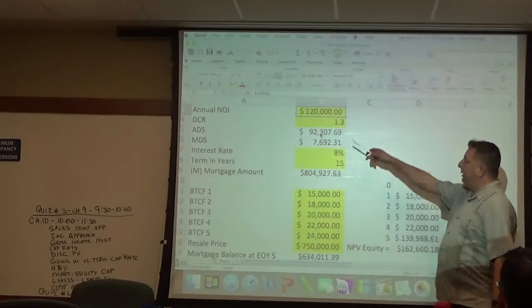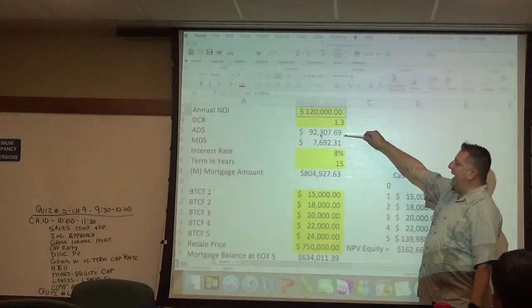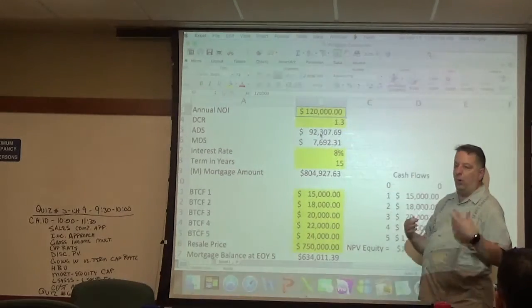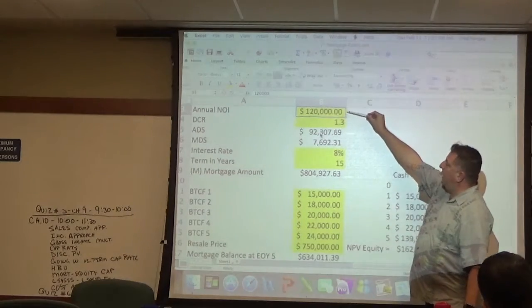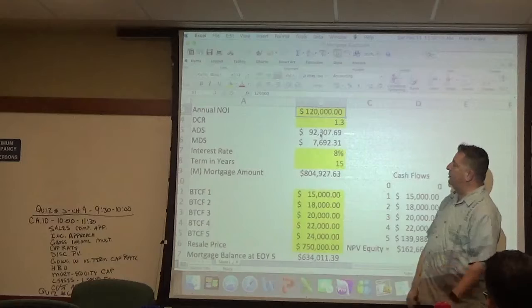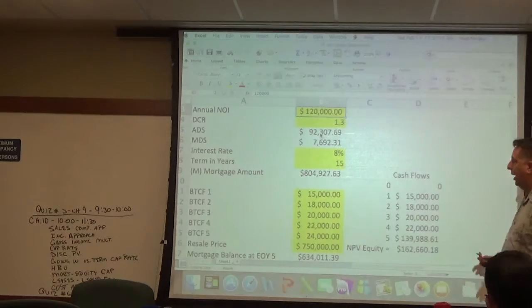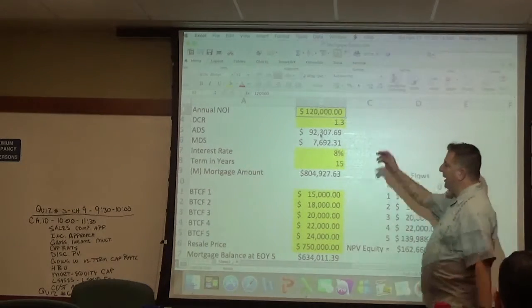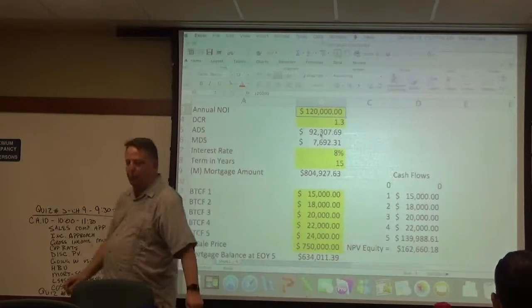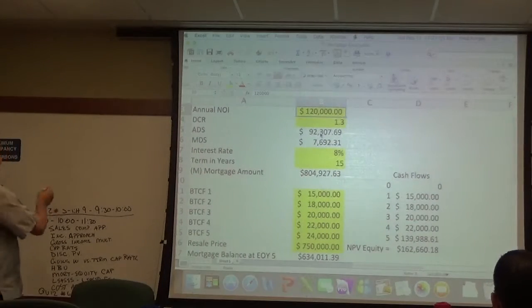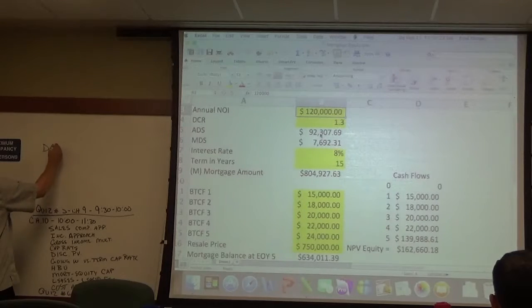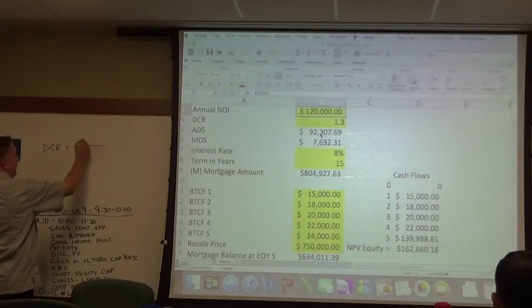The first one is to come up with the annual debt service for this property. You were told you've got an annual NOI of $120,000 and your debt coverage ratio is 1.3. All right, well, if you think about that, that's the debt coverage ratio formula that you're using to calculate your annual debt service. In other words, debt coverage ratio is equal to what?